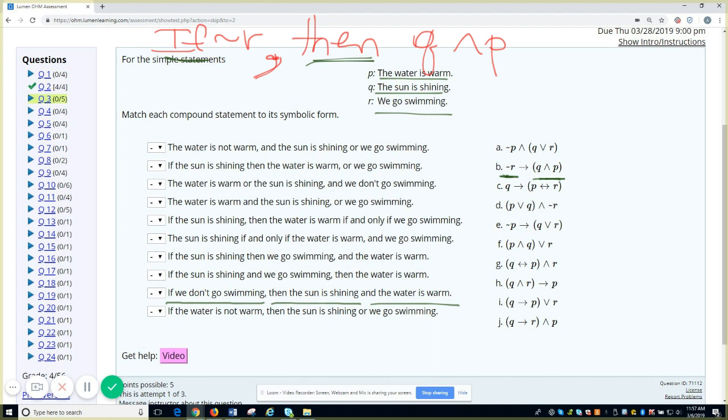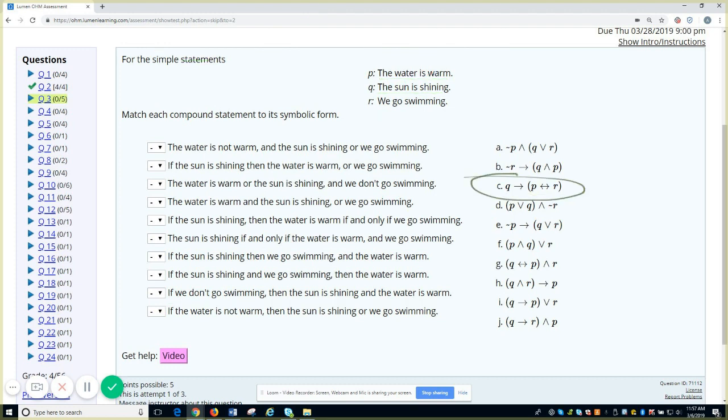Okay, let's try one more symbolic into English. Let's do C right here. C is, once again, a conditional statement.